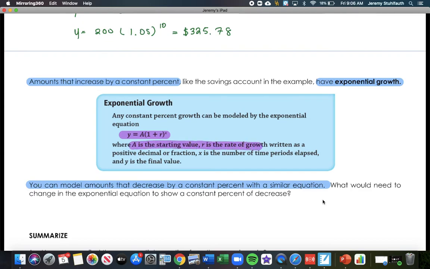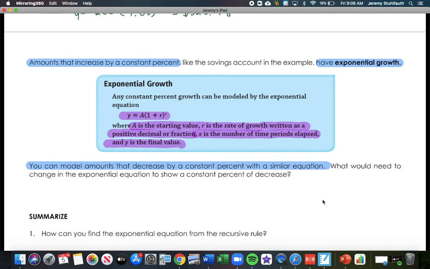R is the rate of growth written as a positive decimal. And x is going to be the number of time periods elapsed. And y is the final value. Okay? So again, anytime that you want to write an exponential growth equation, it's going to be y equals your starting value times 1 plus your rate of growth written as a decimal raised to the x power.